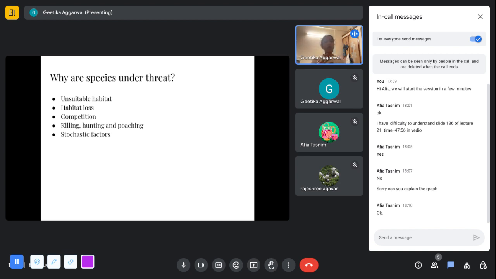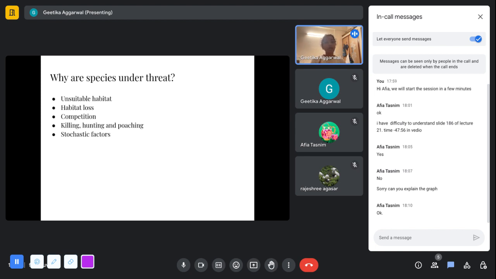Then there is habitat loss, which also covers the habitat fragmentation, the degradation, or the change in the habitat. Then there is competition, which is faced either by invasive species or the competition that you face by other competitors in the natural habitat, or predation pressure.